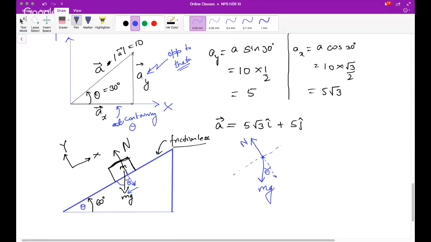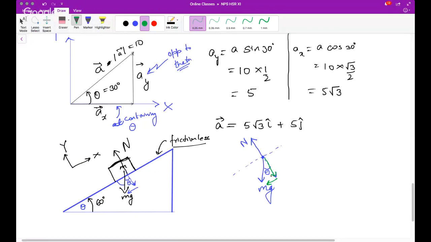So this component of mg, as I told you, there are two components. This is my y component and this is my x component, along y and along x. Though they are in the negative y and negative x directions, they are aligned along the y-axis and x-axis.